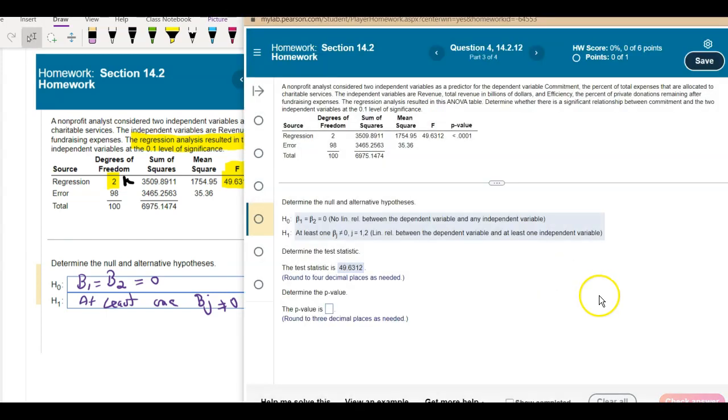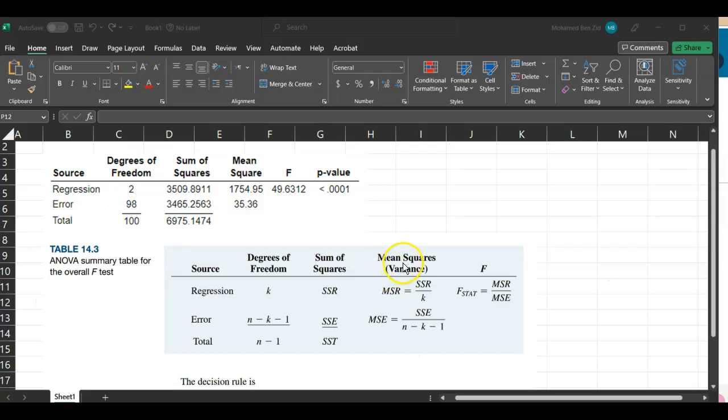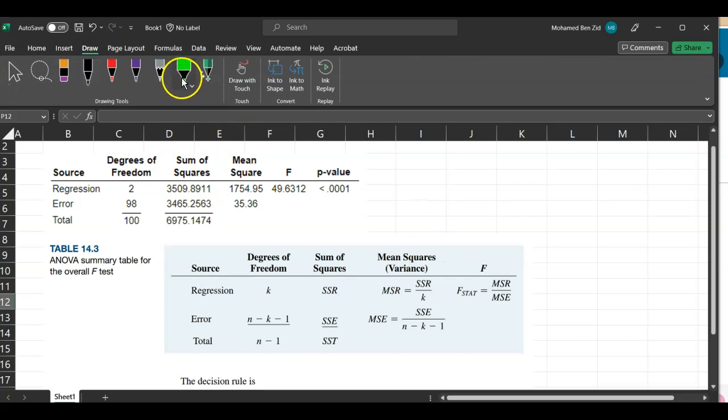Check it. And right now we are looking for the p-value. You can read it right away here. It's already output in Excel. However, it's telling you it's less than 0.0001, and that's basically 0.